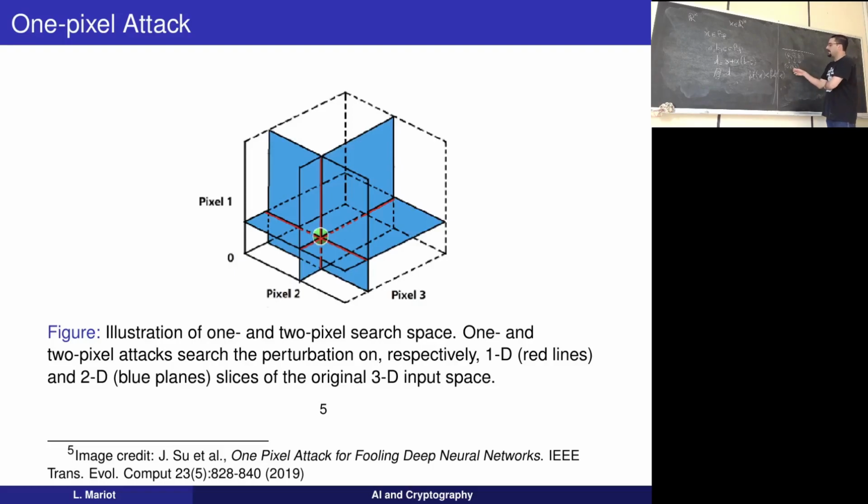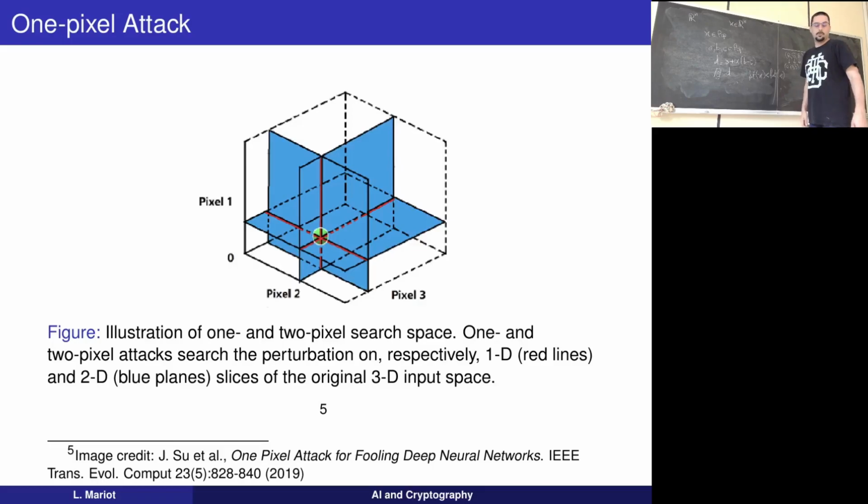So an 8-bit intensity for each of the possible 3 colors. So we will have a cube where each dimension is representing one of the 3 pixels. And then one specific point inside this cube will be a particular image, basically.